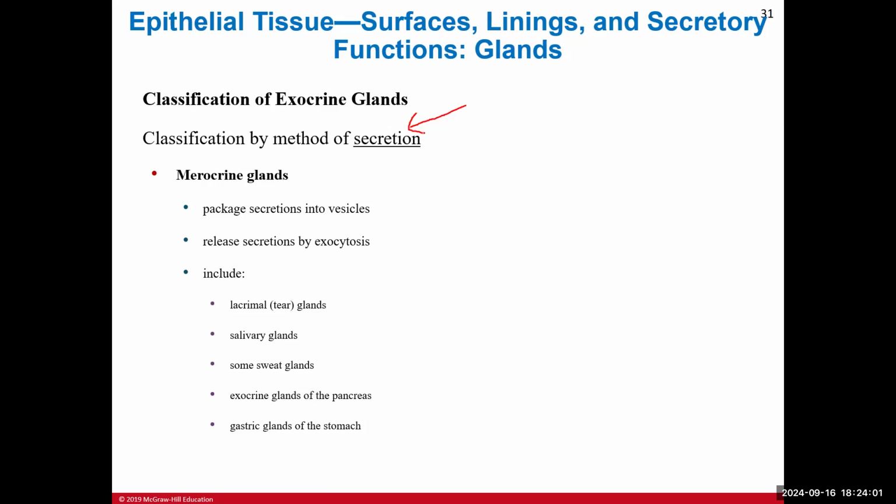These cells make their secretions, and they put them in these little bubbles, these vesicles. Then they transport those vesicles to the apical surface of that cell, and that vesicle will fuse with the plasma membrane. Does anyone know what that process is called, when it fuses with the plasma membrane and then releases its contents to outside the cell?